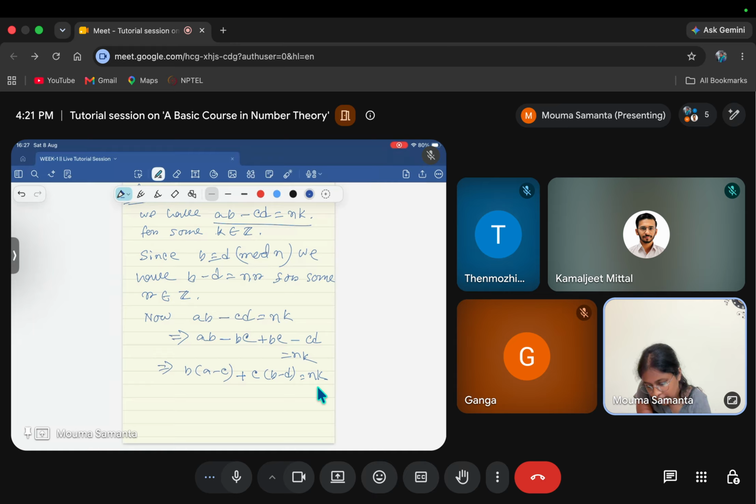Now see here, b minus d was equal to nr. We can substitute here. That will give us b times (a minus c) plus cnr equals nk, and it will give us b times (a minus c) equals n times some k prime.